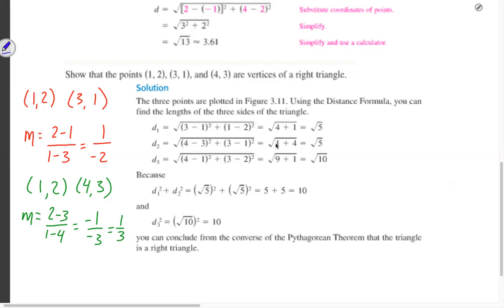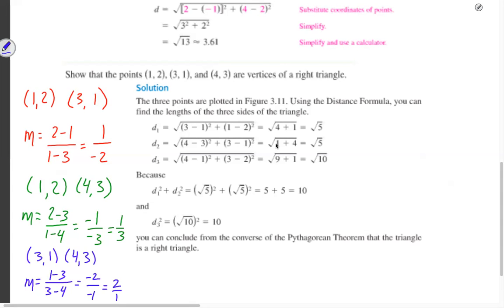Then I would have done 3, 1, and 4, 3. And done 1 minus 3 over 3 minus 4. Right? And I would have gotten negative 2 over negative 1, which was 2 over 1.